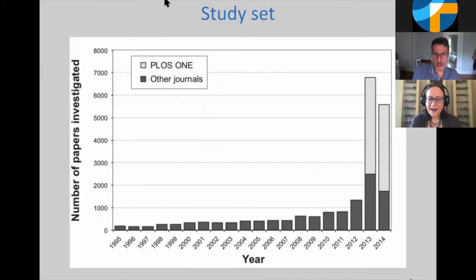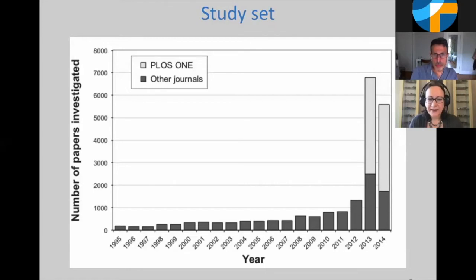I started by scanning papers from PLOS ONE, which is a middle of the pack journal in terms of impact factor, but it's a wide journal. They'll publish a lot of different topics. And I specifically scanned for the phrase "Western blot" between quotes, and scanned a couple of months' worth of papers from 2 years, 2013 and 2014, which is when I did this work.